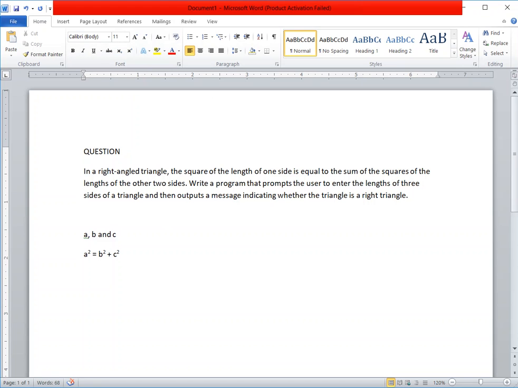The other one is B squared should also be equal to A squared plus C squared.